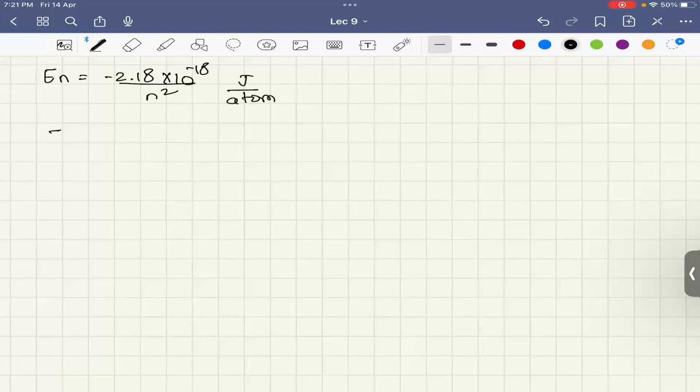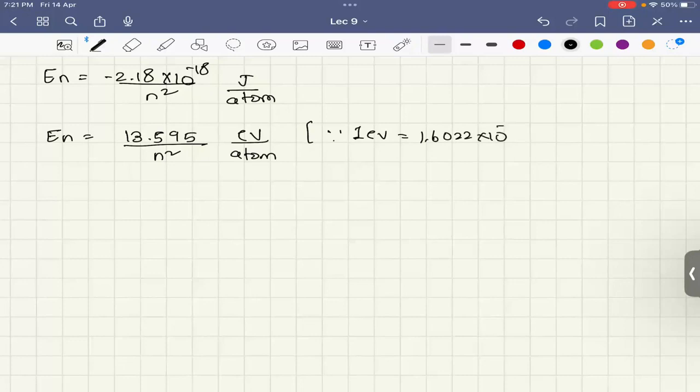When we convert it into electron volts, it comes out to be 13.595 by n square electron volt per atom. Why? Because 1 electron volt is what?